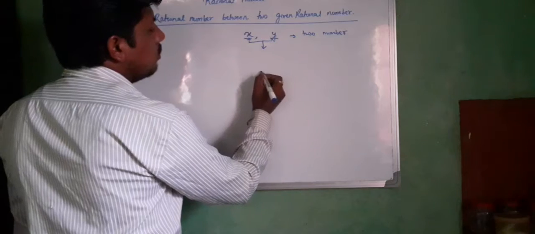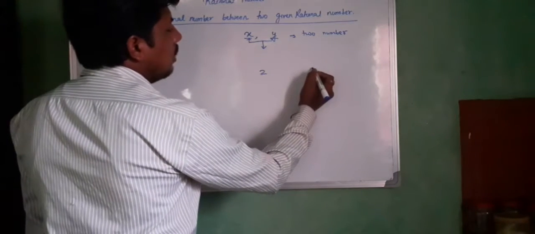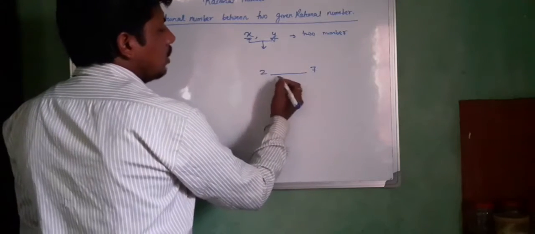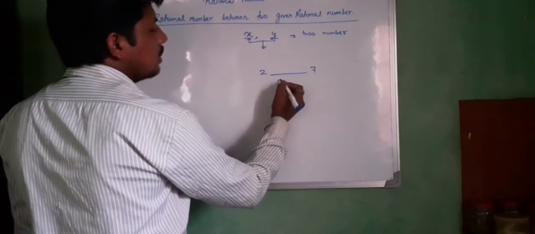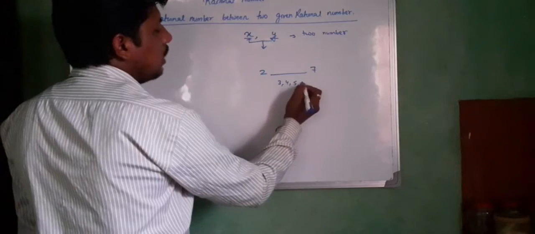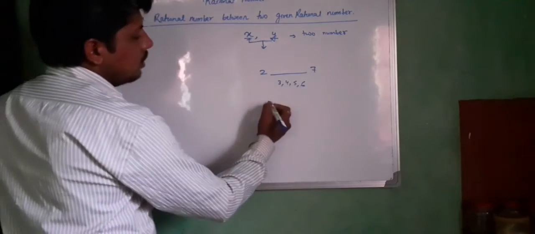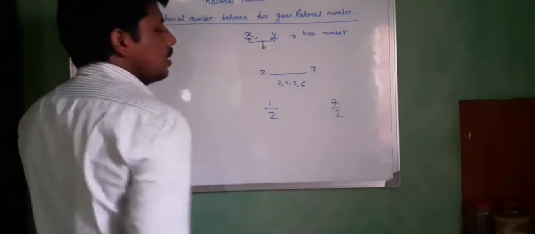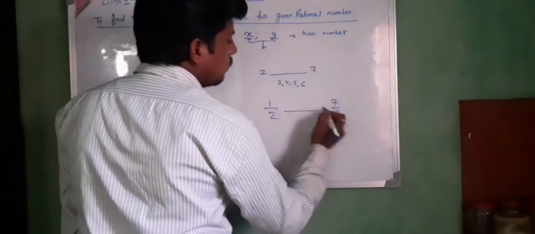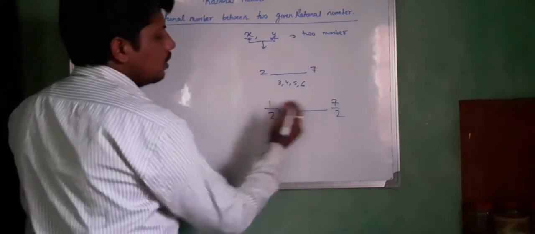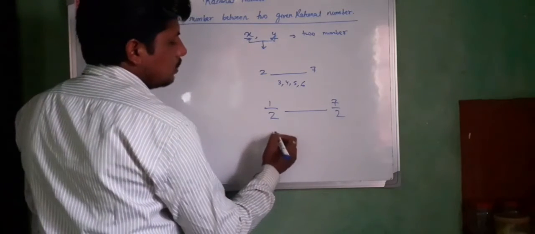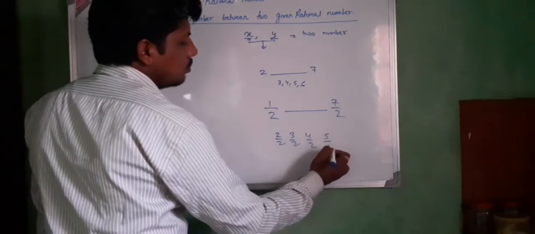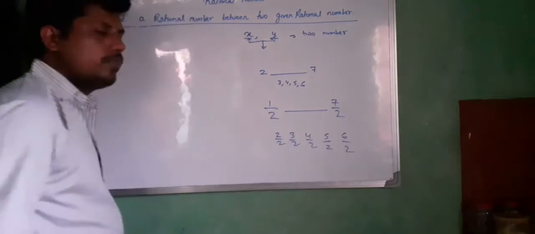For example, in between 2 and 7 there are different rational numbers present. What are they? 3, 4, 5, 6. Similarly, if I give 1/2 and 7/2, in between these two also different rational numbers will be present, like 1/2, 2/2, 3/2, 4/2, 5/2, 6/2.